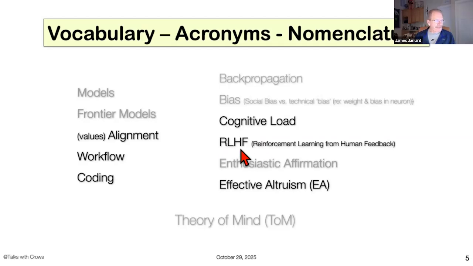Reinforcement learning from human feedback. Enthusiastic affirmation, very important. This is what AIs are trained to do as they come out of the box, to encourage you. Yes, you are doing the right thing, Jimmy. Keep on doing that. Oh, that was a very thoughtful question that you asked.